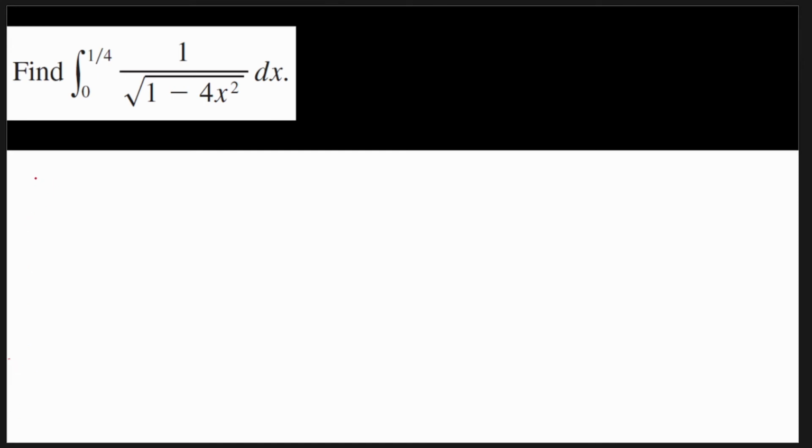So we know that the integral of 1 over the square root of 1 minus x squared dx is equal to the arc sine of x plus c.